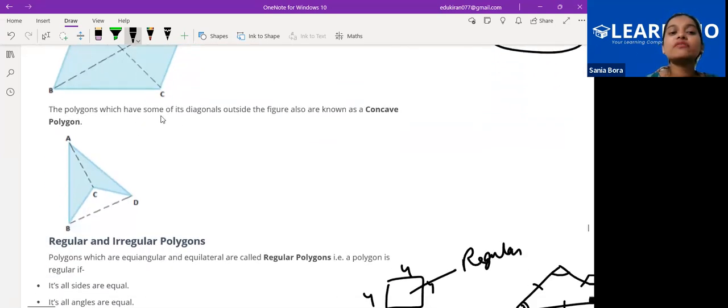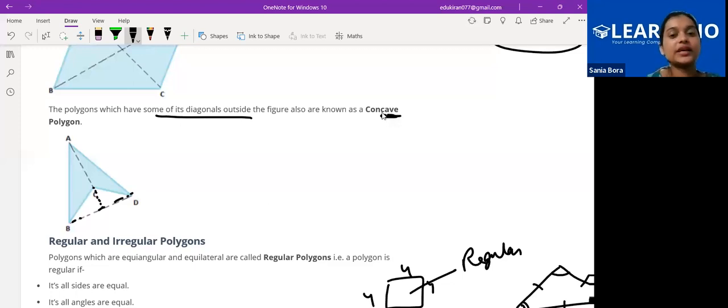But the polygon which has some diagonal outside the figure is concave. Over here you can see this is also a diagonal, it will pass from here, so that's concave. Just remember this: if all the diagonals are inside, it is convex.